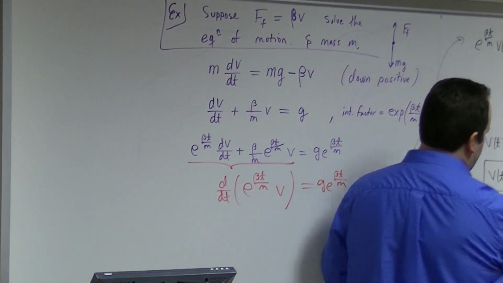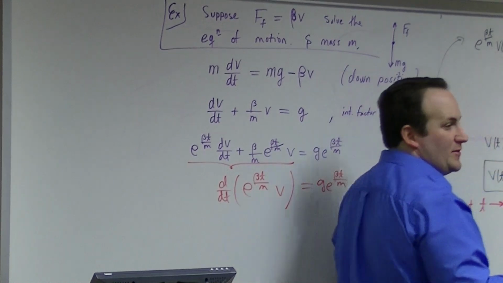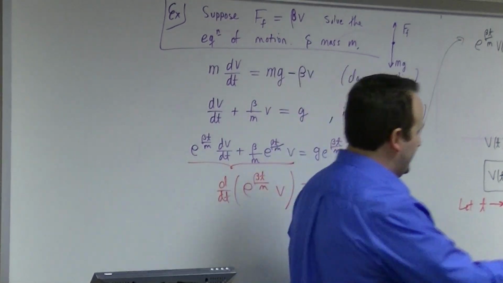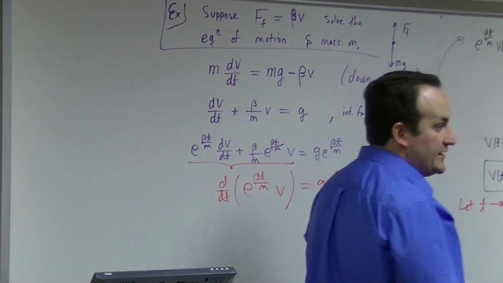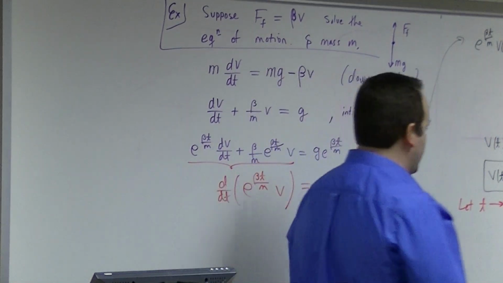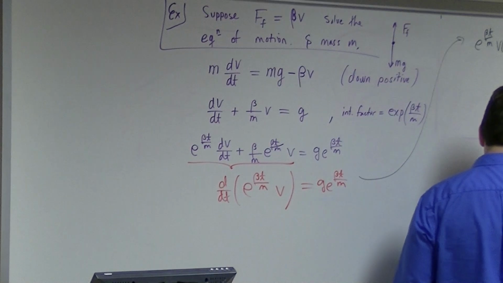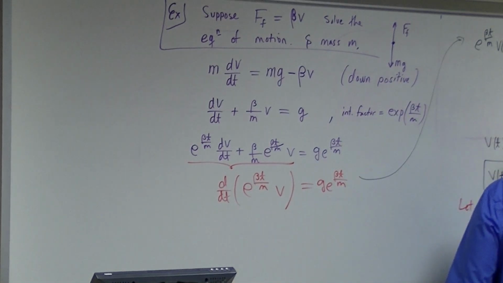Let's see. These exponentials, I'm assuming that beta and m are positive, right? So that makes this an exponential with a negative argument. Those go to 0 as time goes to infinity. So death to this, death to that, all that survives is mg over beta.